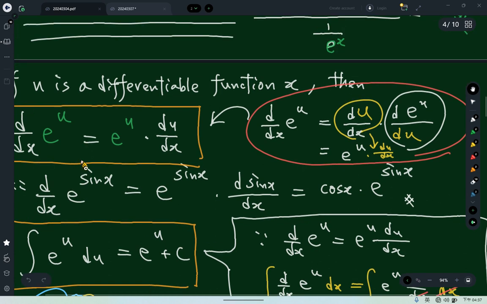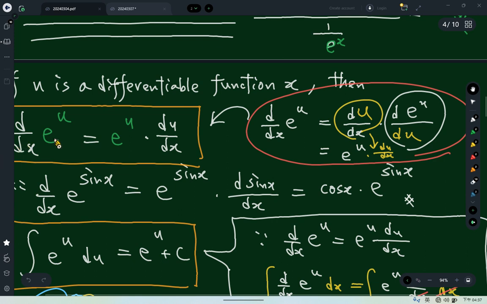And we can extend the derivative function from the original exponential function to e to the power of u, where u here is a differentiable function of x. Then we can get the result.